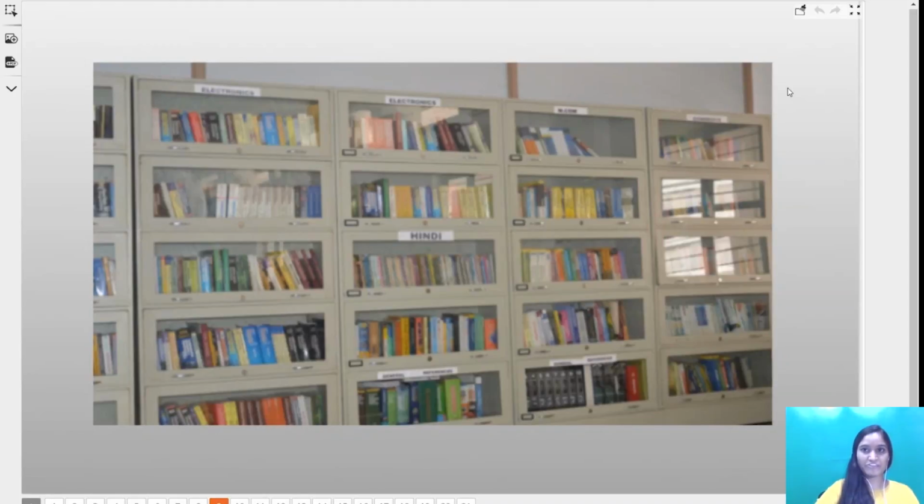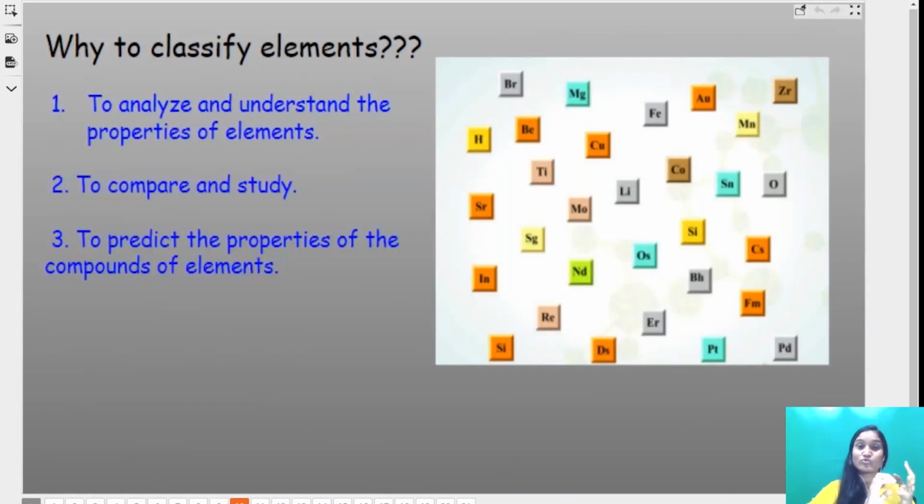In order to standardize the stuff, we arrange elements in a particular systematic order, and that's why we need to classify elements, so that we can analyze the existing elements, we can study them very well, and moreover, we can also compare the properties and understand easily, right? So we have to classify elements for these three benefits on the screen, right guys? Are we clear about the necessity to classify? Yeah. And I'm sure you must be clear after watching the video. Yeah? Right? Yes.